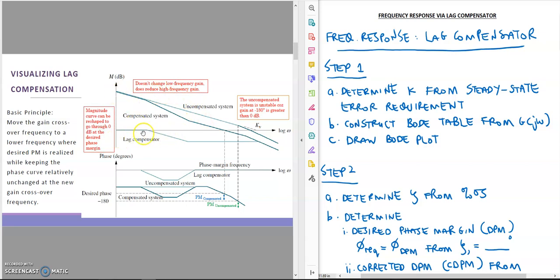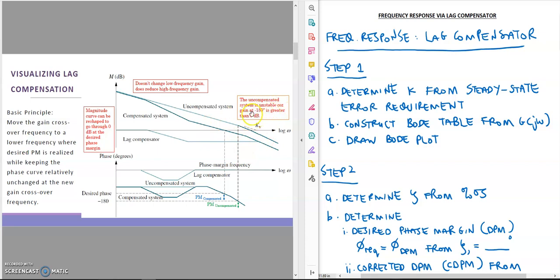At this low frequency, the magnitude is almost equal, but for higher frequency, the shape is different between the two types of system. The uncompensated system finishes at higher frequency, while the compensated system settles down at lower frequency compared to the uncompensated system at this high frequency area.